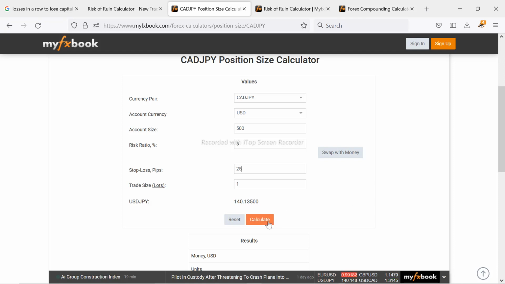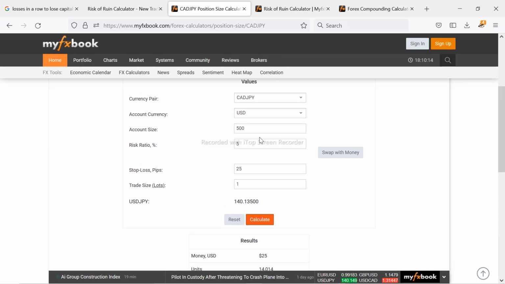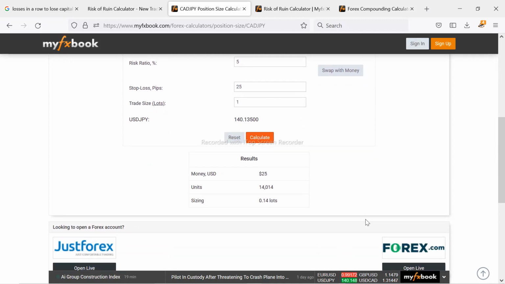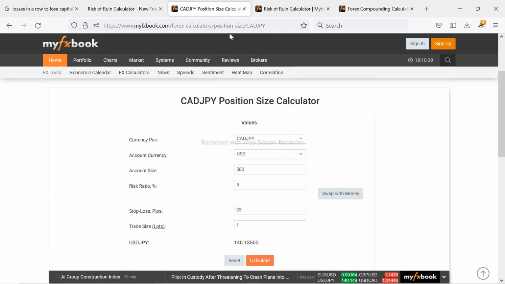You're gonna calculate it, and this is all directly related to your capital, how much money you have, and the risk ratio according to how much money you have. So basically, it's telling you that for that position, you're gonna risk 0.14 lots. So it tells you how much money you're actually risking. You're risking 25 to make 50. And I'll do it again for you guys.